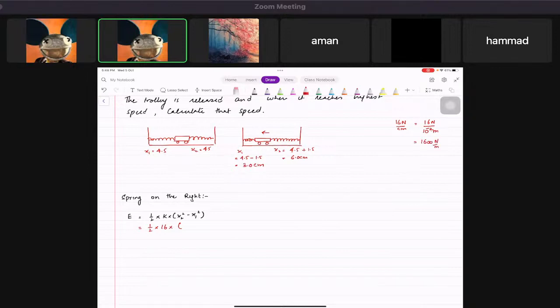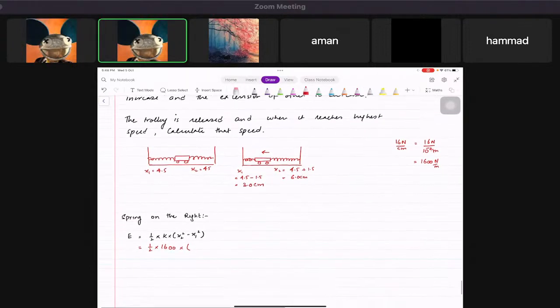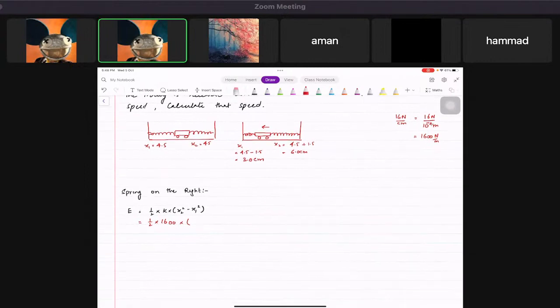So let's call this 1600. And then the extension afterwards was 6 centimeter, which means 0.06 whole square, minus the extension before, which was 0.045 whole square. So this is what I get in extending this spring.